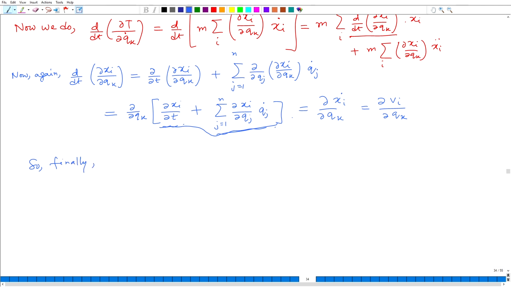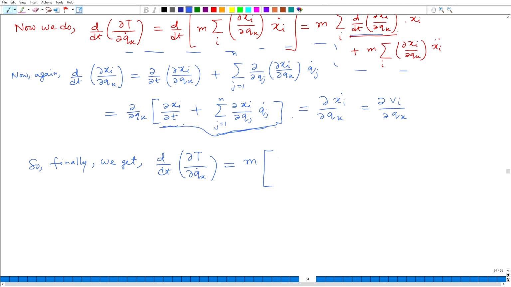So, finally, what do we get? d/dt of ∂T/∂q̇_k is equal to two terms, the underlined parts I have calculated.